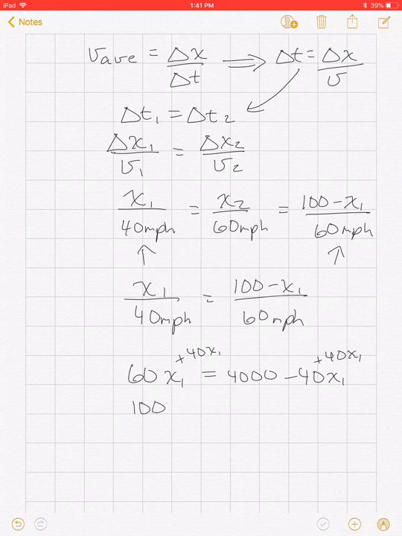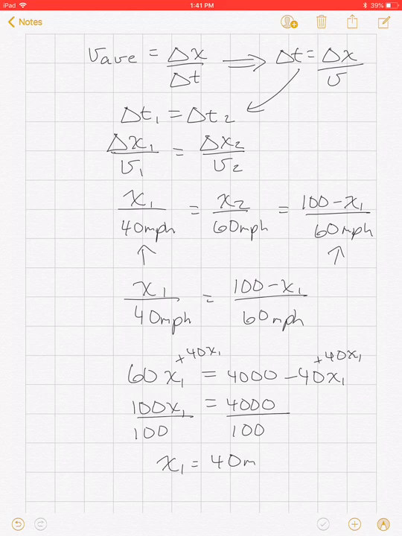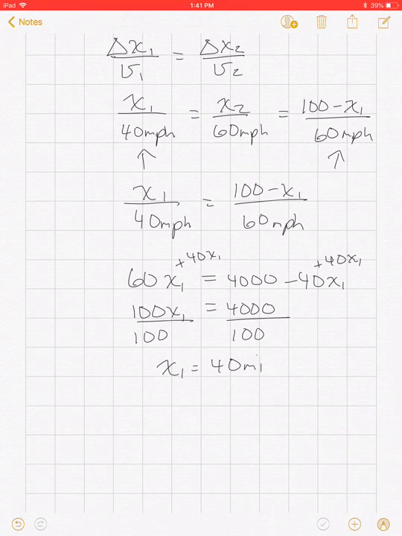This gives me 100x1 on the left side is equal to 4,000. I'm going to divide by 100. And what this means is that x1 is equal to 40 miles. x2 is equal to 100 minus x1, so that's going to be 60 miles.